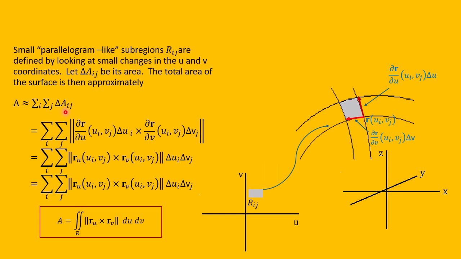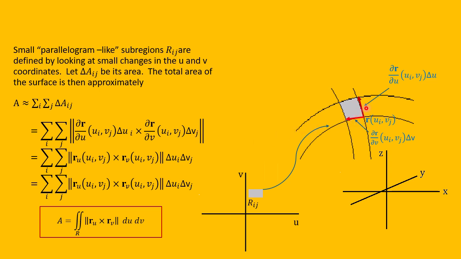So delta A sub ij, the area of that ijth parallelogram approximation, is the partial of r with respect to u at this point u sub i, v sub j, times delta u sub i. So that gives us this vector right here. Similarly, this second term in this cross product, the partial of r with respect to v at this point times delta v sub j, is this vector right here.